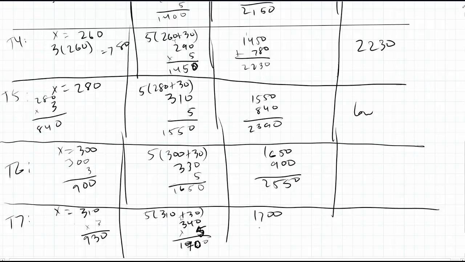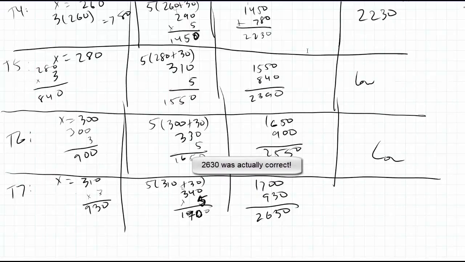So 1,700 plus 930 is 2,630. Yay, I think we've got it.